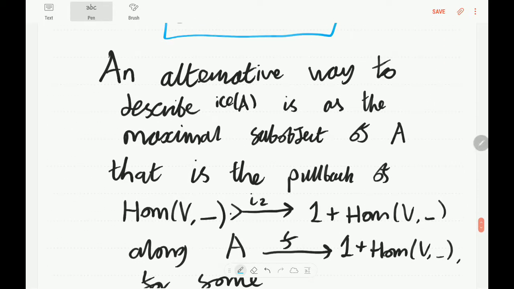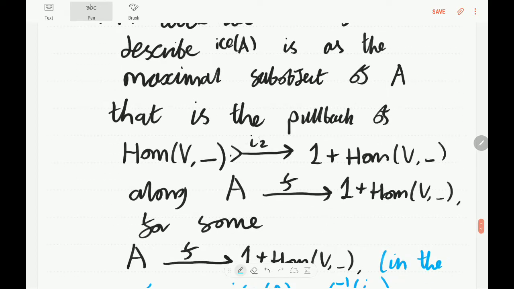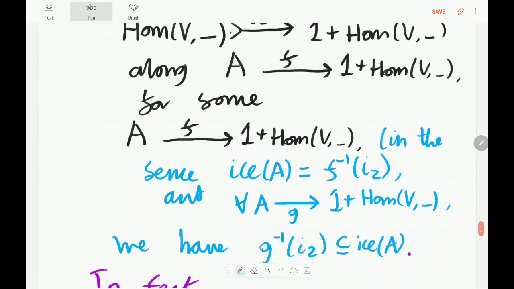An alternative way to describe ice A is as a maximal subobject of A that is the pullback of this subobject I2 of 1 plus hom v, blank along some arrow f from A to 1 plus hom v, blank.